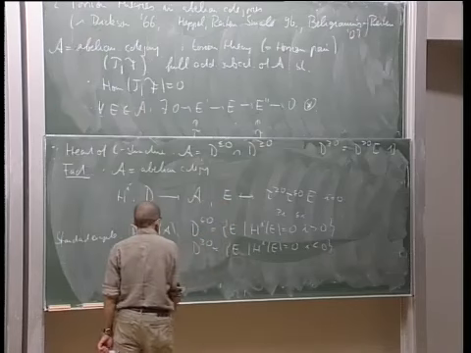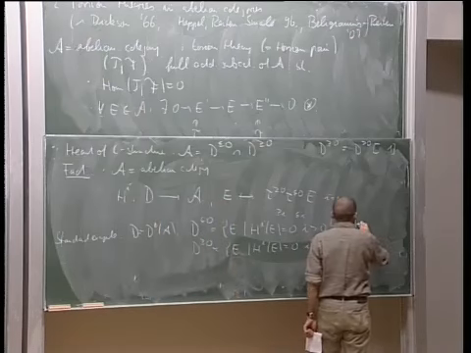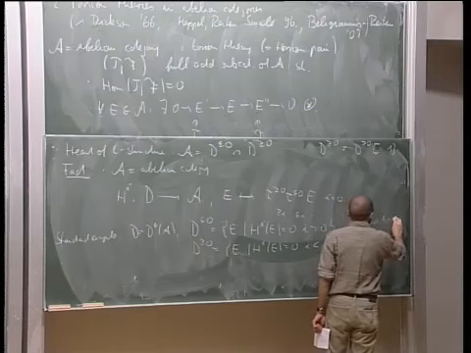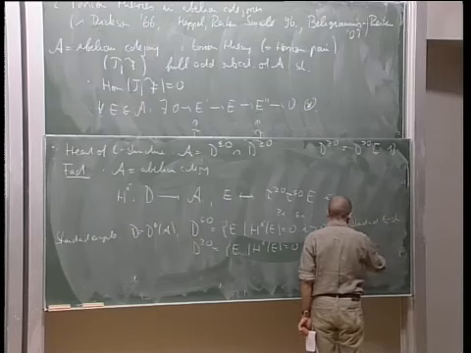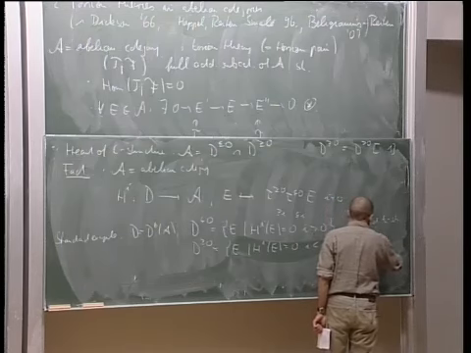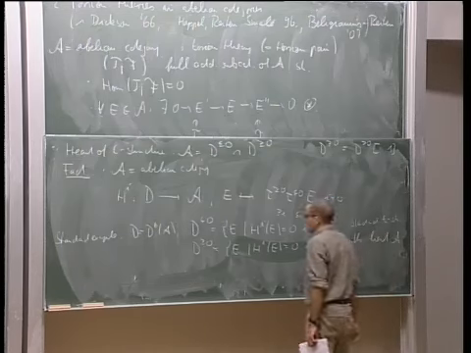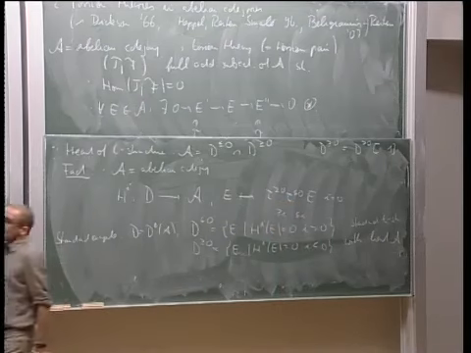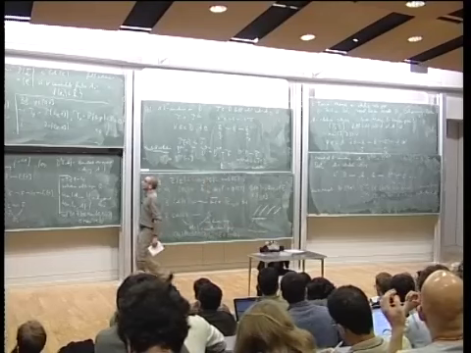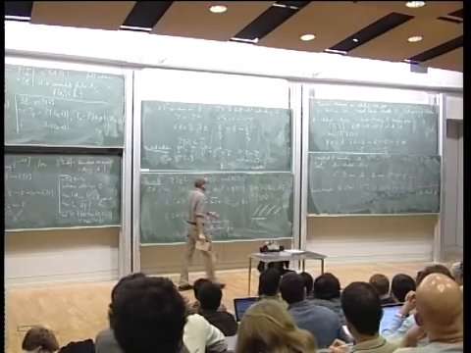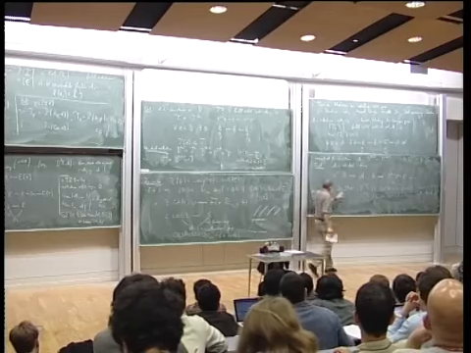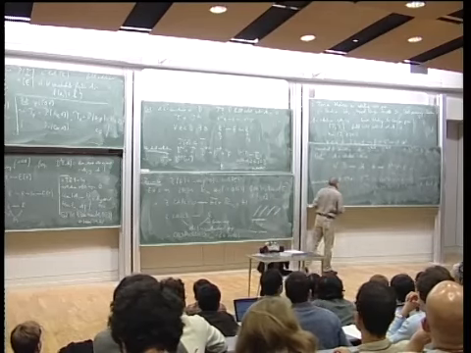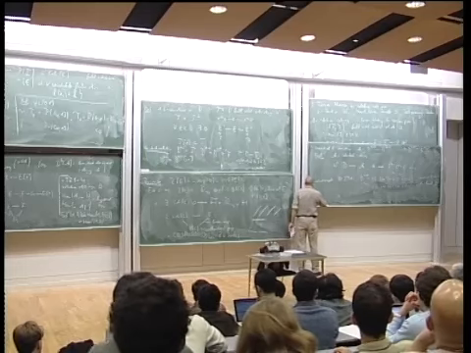This is the standard T structure, and its heart is the original A. So on a bounded derived category, you always have a T structure. In fact, this one has the additional property of being a bounded T structure.